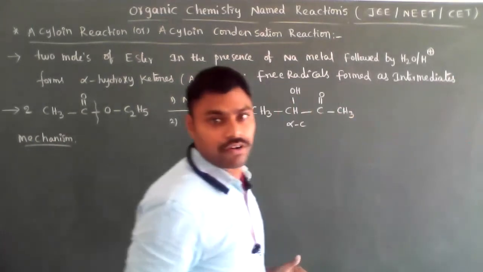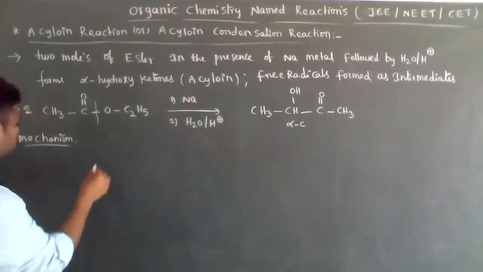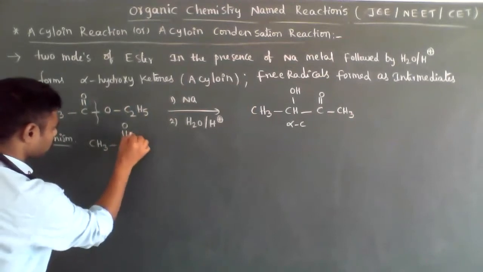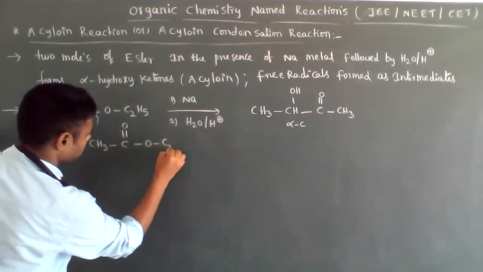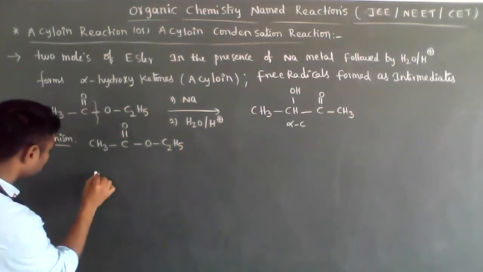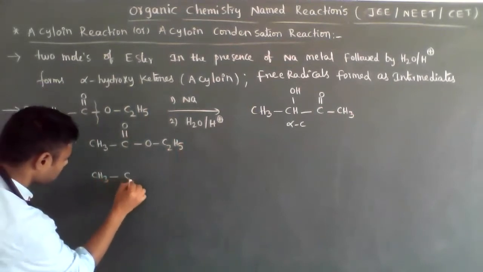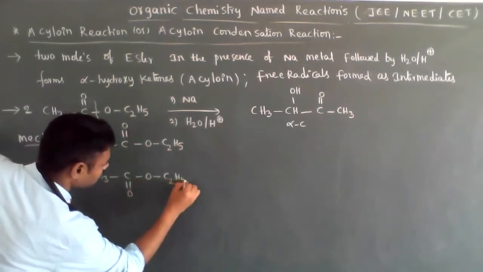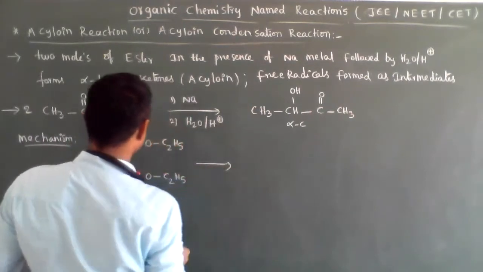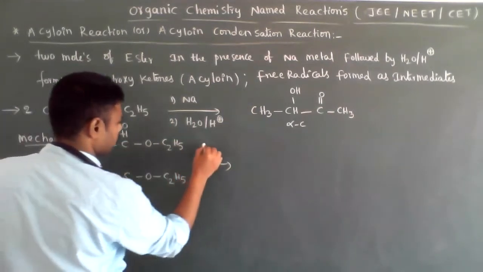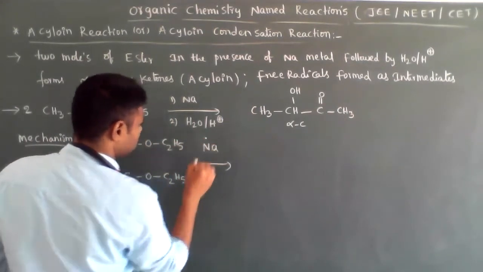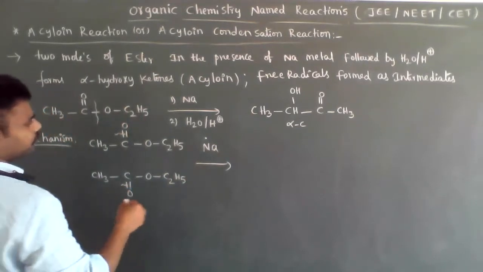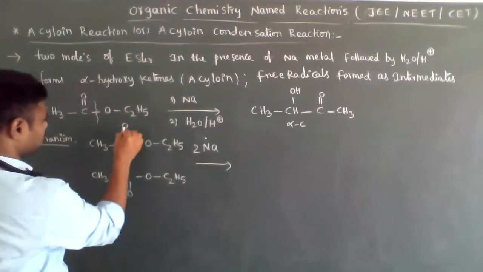Take 2 moles of ester in the presence of sodium metal. Sodium has 1 free electron in its valence shell. Then you take 2 moles.